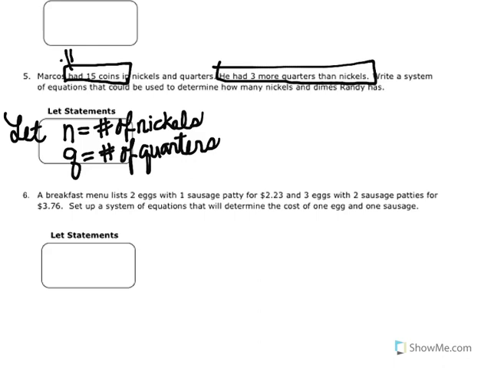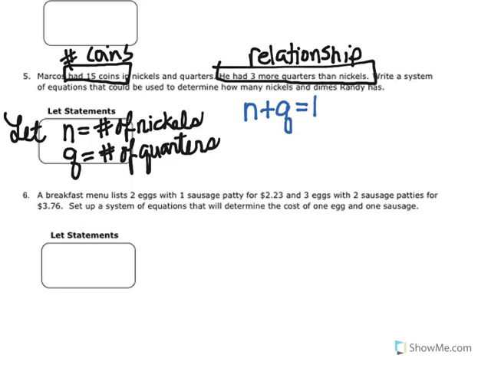So this is the number of coins, and this is the relationship between the two. So let's write 2 equations. First one with the number of coins. The total number of coins is 15. Well, if N is the total of nickels and Q is the total of quarters, N plus Q is going to equal 15.